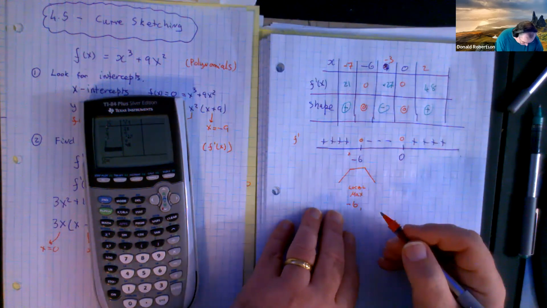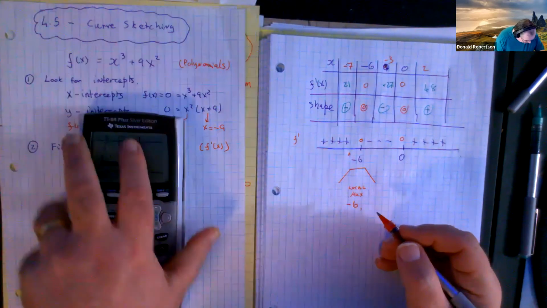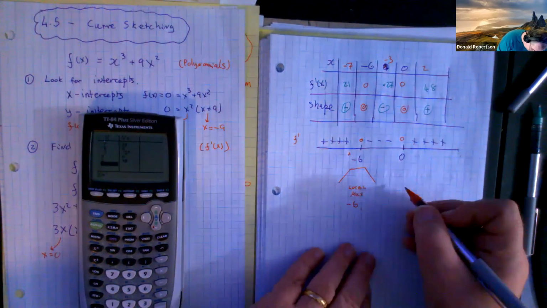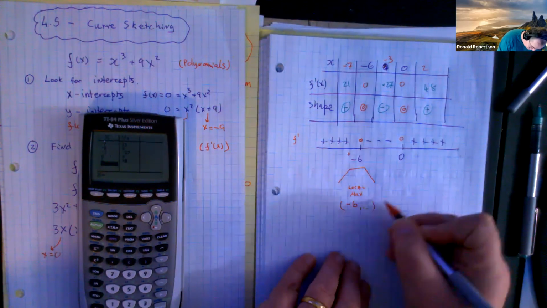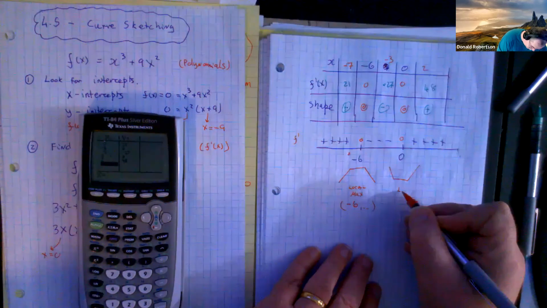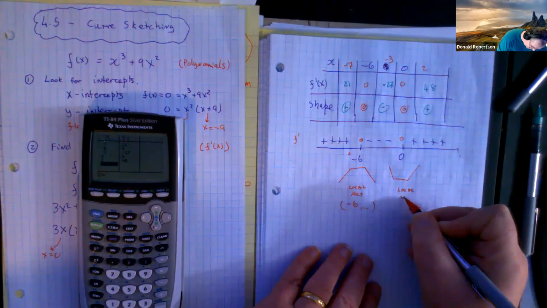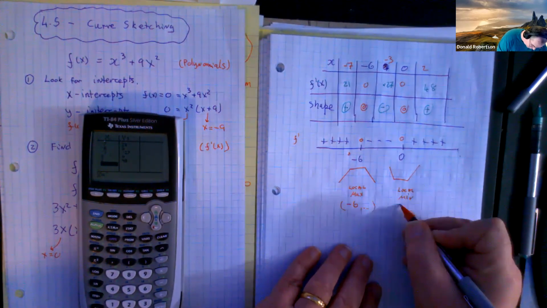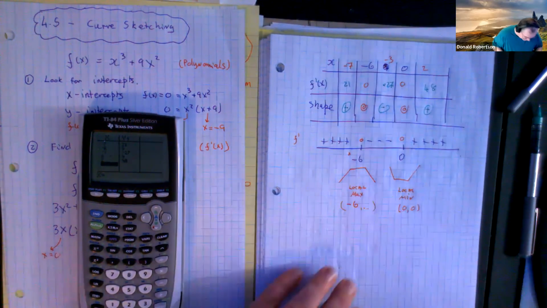Okay. And at -6, well, I'll find out what the value is in a minute. I can get its y coordinate. And this guy here is down, along, and up. And that's a local min. And that's going to happen, that one I can do. That's going to happen at x equals 0, 0.